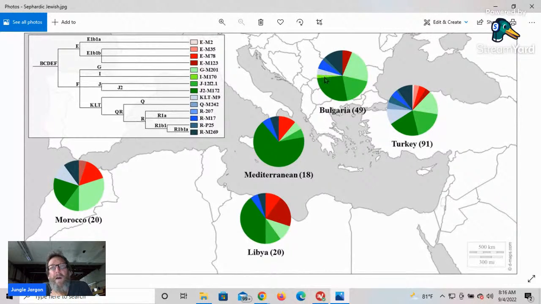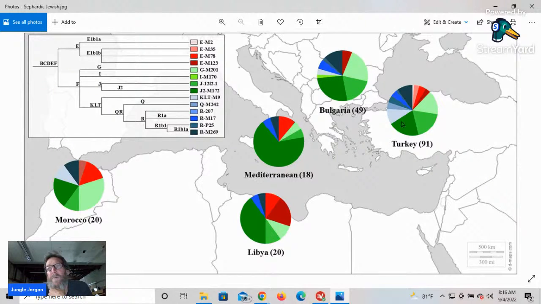Plus you have I from the lost tribe of Dan in this population in Bulgaria as well, but I, of course, is part of the local population in this area as well, which could explain the reason for the I, or the tribe of Dan, being in this population.